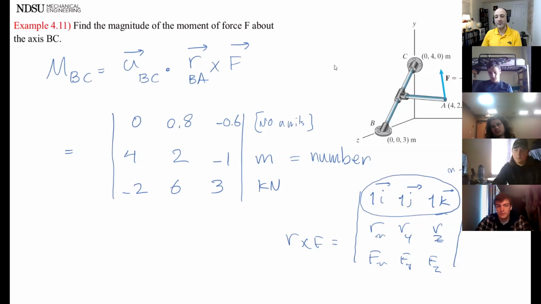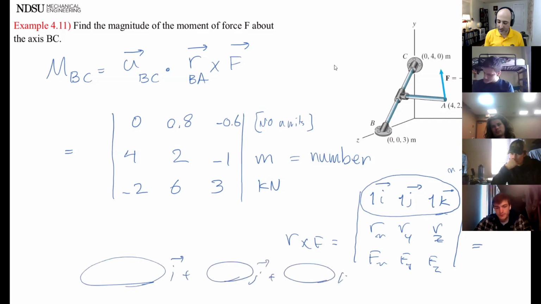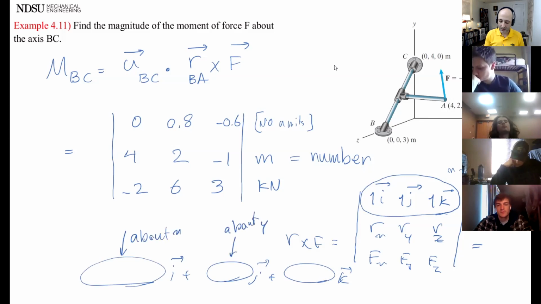I guess that gives the magnitude that you have from the R and F direction. Exactly. So it gives you a moment: something I, something J, something K. This is a moment with 3 components about 3 axes. This is about X, this is about Y, this is about Z. You guys now see it?